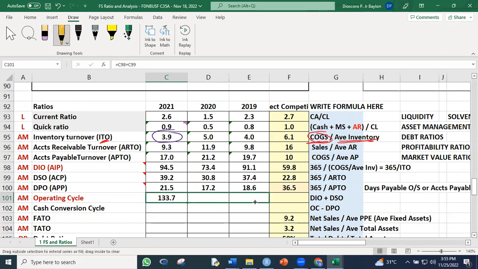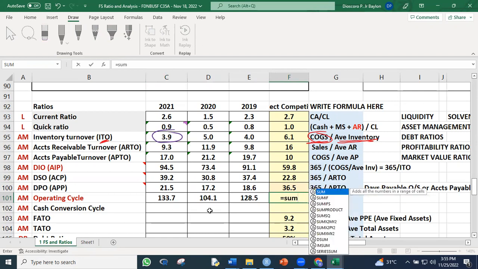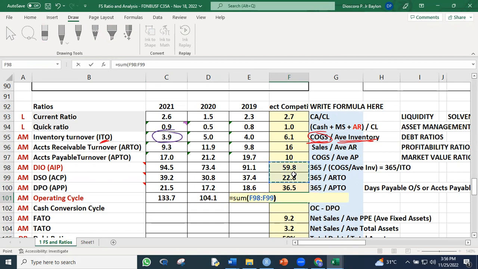From getting the raw materials, converting to finished goods, and then selling, it takes the company 134 days. Yung competitor natin, 83 days. Tingnan natin yun.